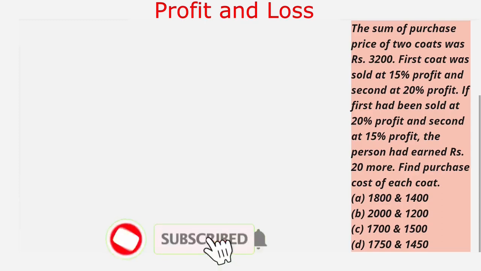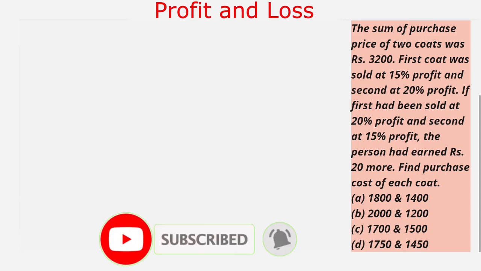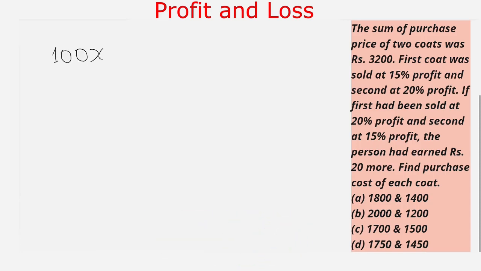We assume the cost price of first coat to be 100x and cost price of the second coat to be 100y, and the sum of these two coats is 3,200.